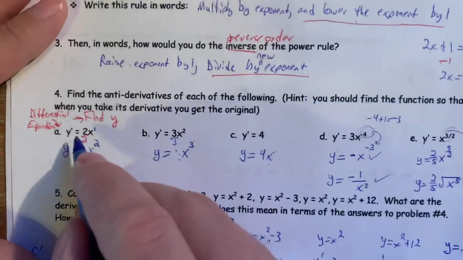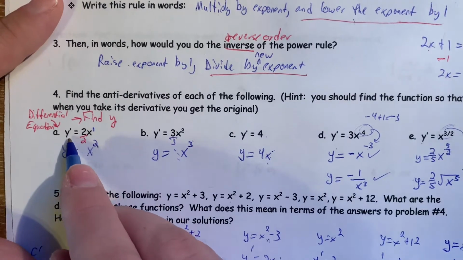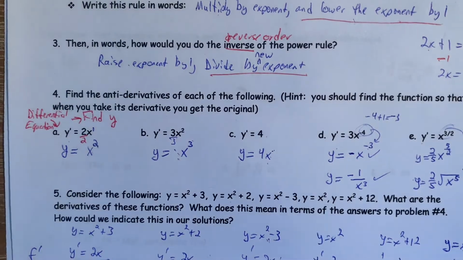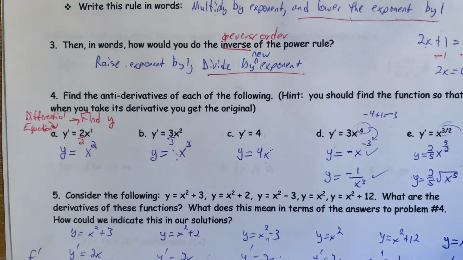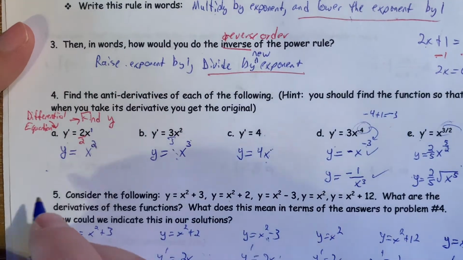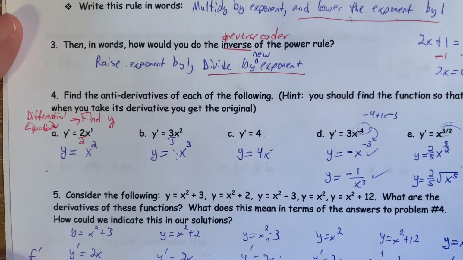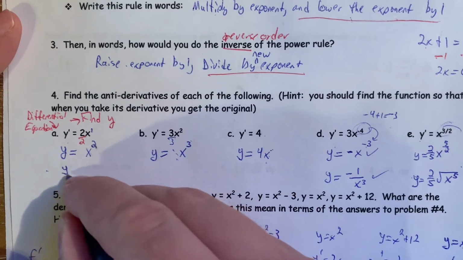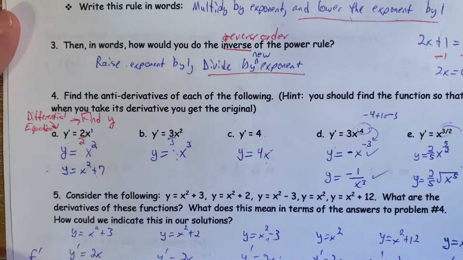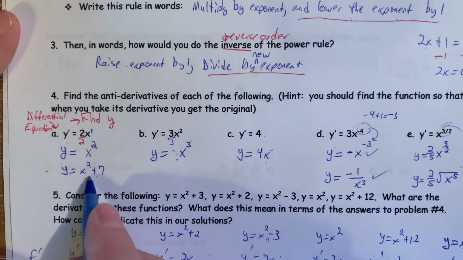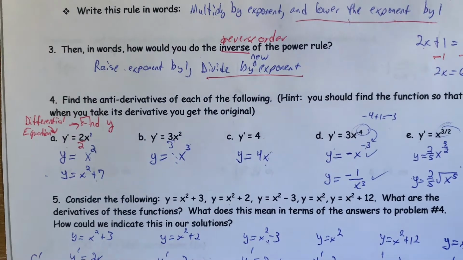And so earlier up here, when we said the derivative was 2x, and we said that the original function was x squared, well, this is one possible solution. But couldn't the original function have been y equals x squared plus 7? That would have had a derivative of 2x. Or y equals x squared minus 5, that would have had a derivative of 2x.